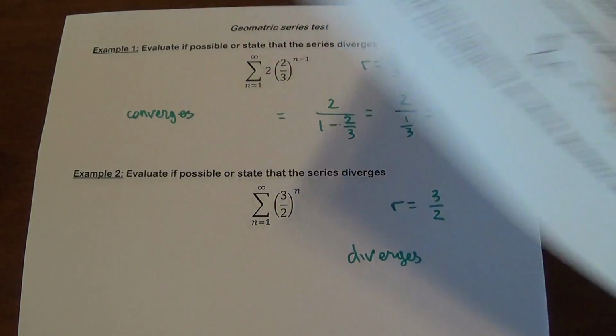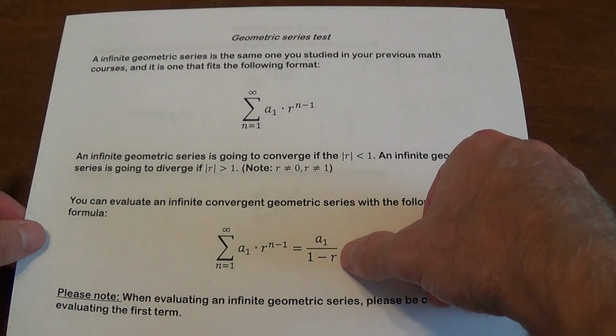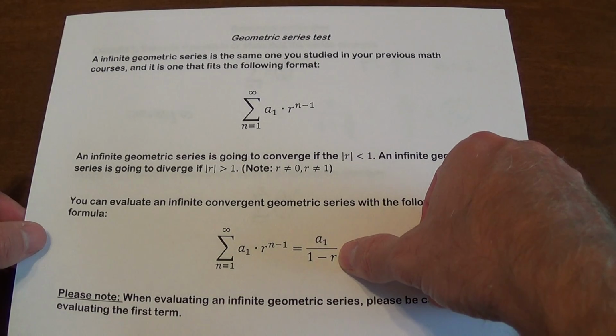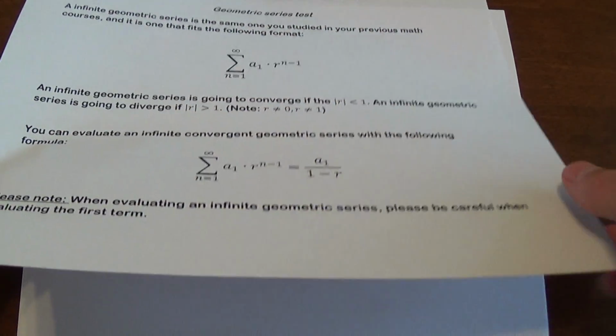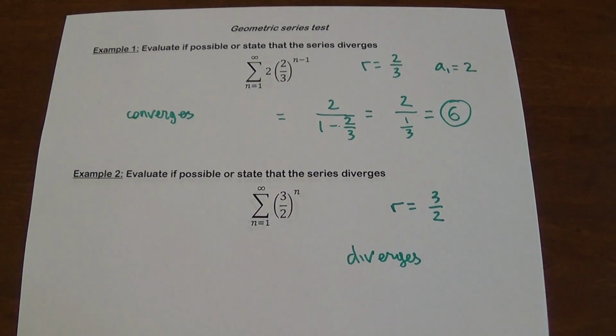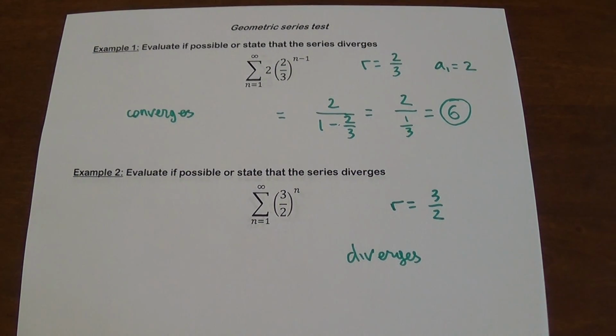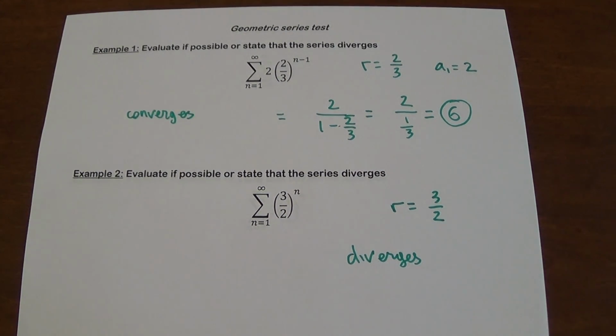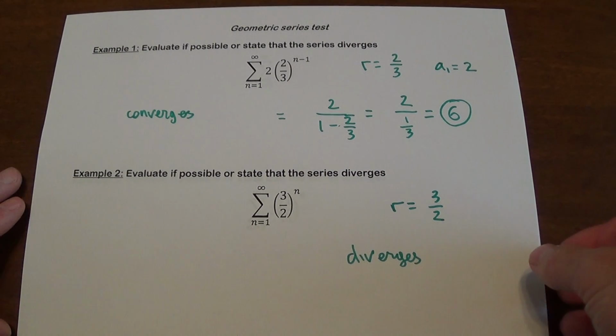Even if the absolute value of r exceeds 1, you can still plug it in and you will get a number. The problem is that the answer will not be correct, because if the absolute value of r is greater than 1, the sum diverges, which means it's going to be infinity, and you're not going to be able to evaluate the sum. So it diverges, and that's it.